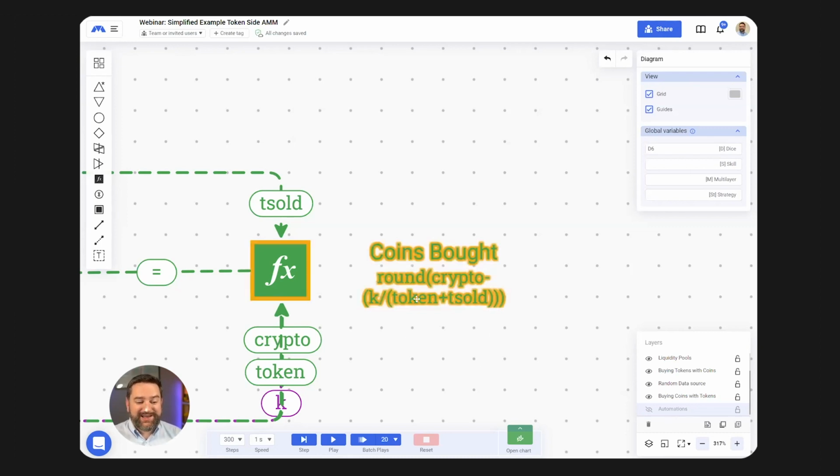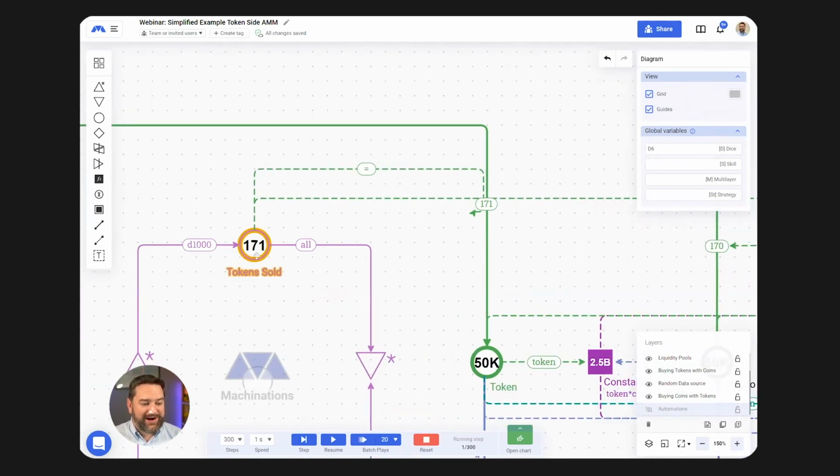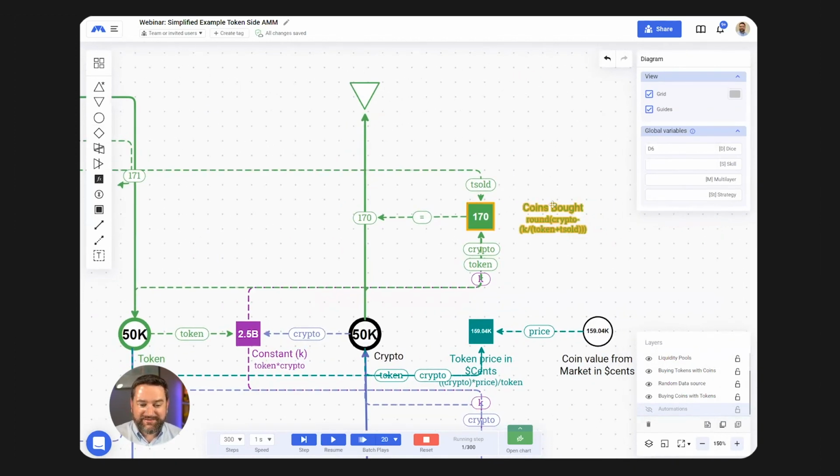We take the tokens and tokens sold, add those together, divide the K number by that number to give us the new balance, and then do crypto minus that part of the formula to give us the new balance. If I just hit step, here we're adding 171 tokens being sold into the AMM. We go through that calculation, and it equals 170 that are going to be removed in the next step.